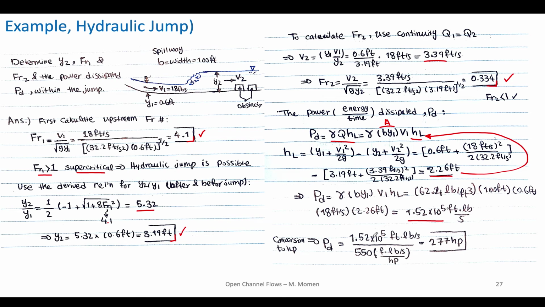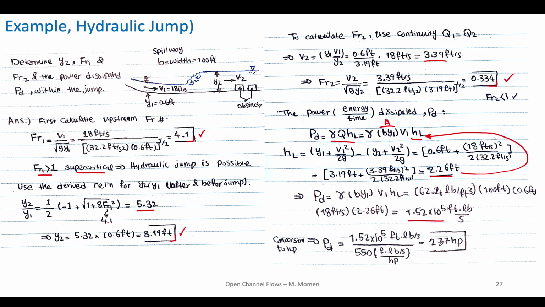Okay. And then I want to convert it to horsepower. The conversion rate for horsepower is 550. So I just converted: 1.52 times 10 to the 5 foot pound per second over 550 foot pound per second per horsepower.